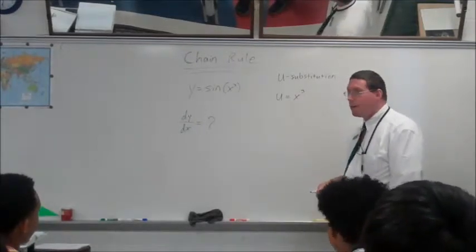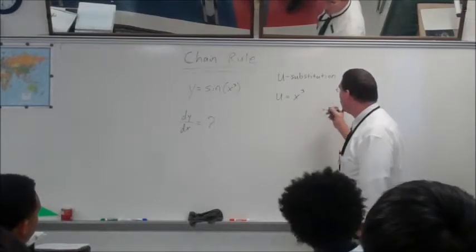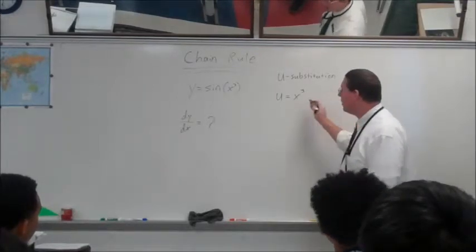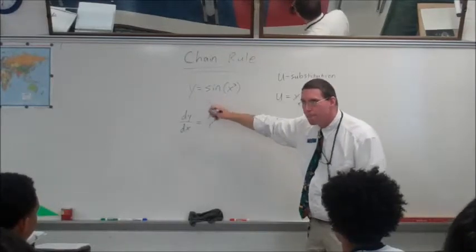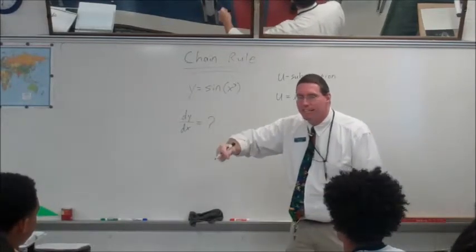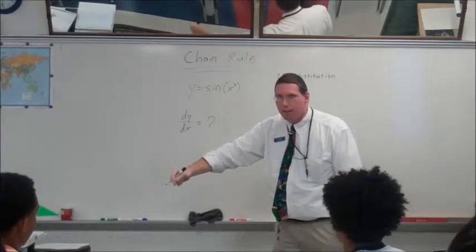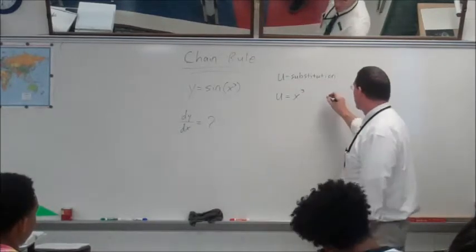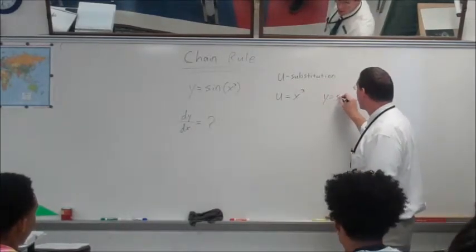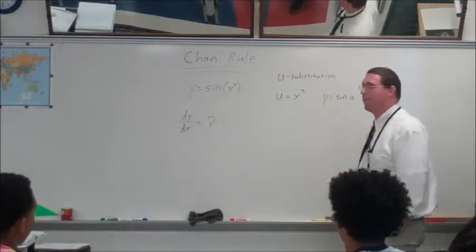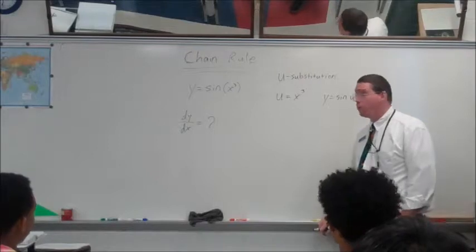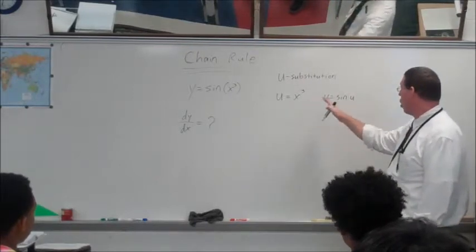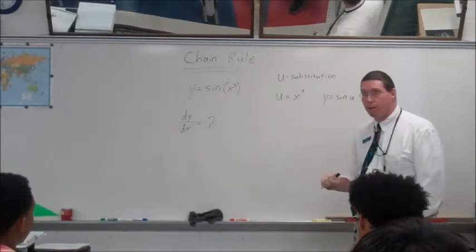Step 2. What I would do next is rewrite my original function with u substituted in for the inside function. So y is equal to what? Sine of u. Does that make sense? Is all this information up here consistent with our starting function?